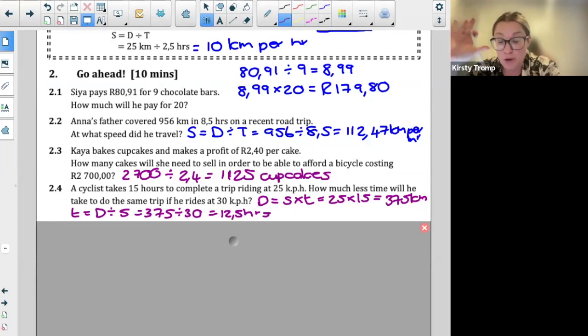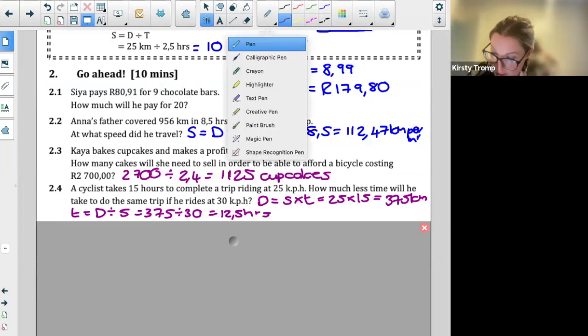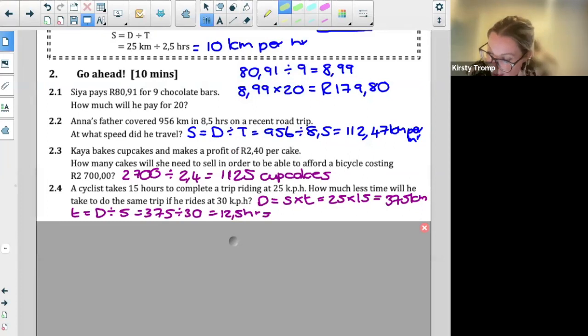Okay, stay with me. Don't mute yourself yet, because I want to show you something quickly. This question asked us: how much less time will he take? So how much time did he take initially? He took 15 hours, ma'am. Good. Now, when we calculated it and he went a bit faster, how much time did he take now?